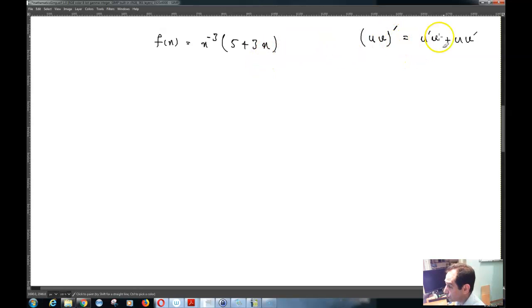that would be equal to basically the derivative of the first function. So then f prime of x would be equal to -3 times x raised to the power -4 times 5 plus 3x plus u times x raised to the power -3 times the derivative of the second function, which is equal to 3.